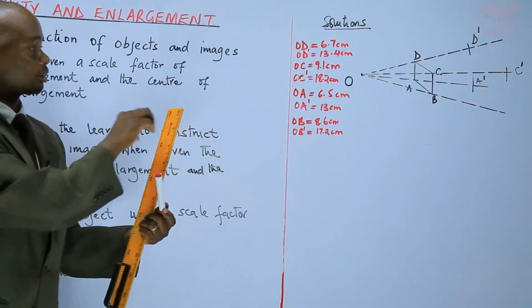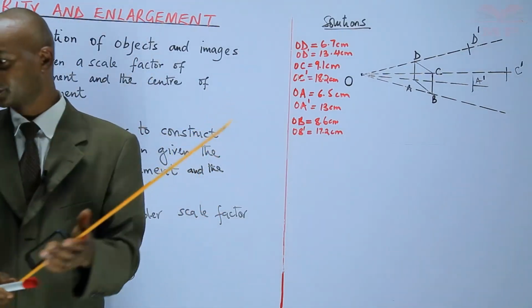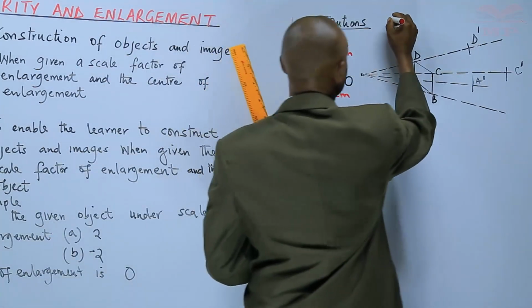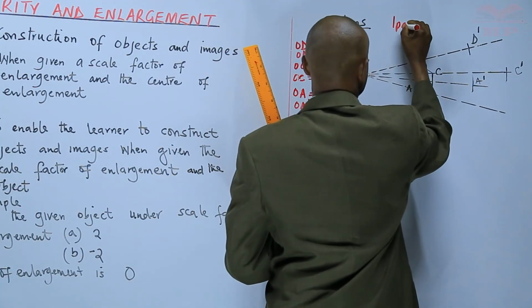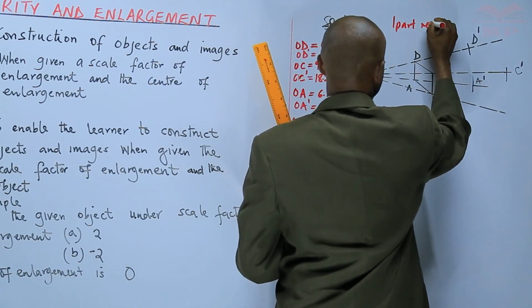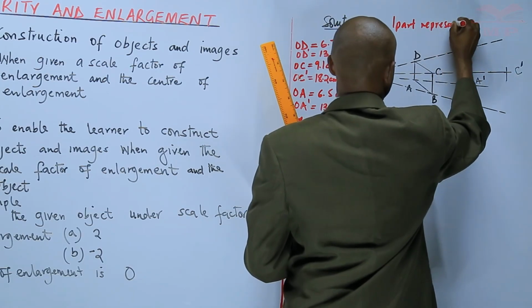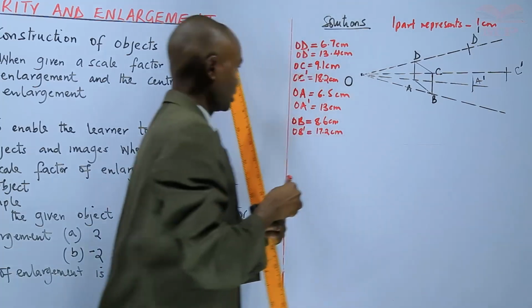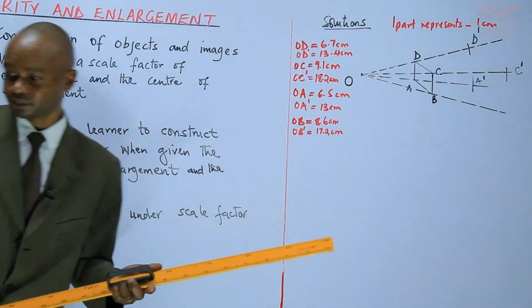On my scale, one part represents 1 centimeter on my ruler. So I have an appropriate scale.